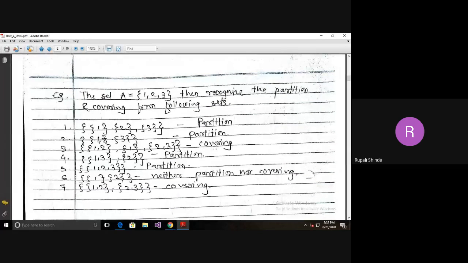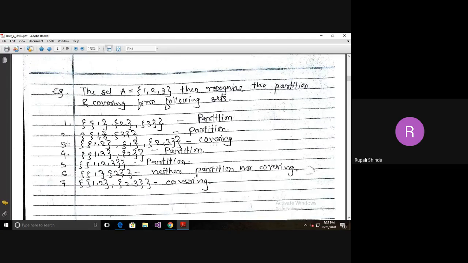Now the second one, again it is a partition because it is containing three elements and nothing is common between subsets. Now the third one, it is a covering. Why is it a covering? Can you explain why this one is a covering and not a partition?